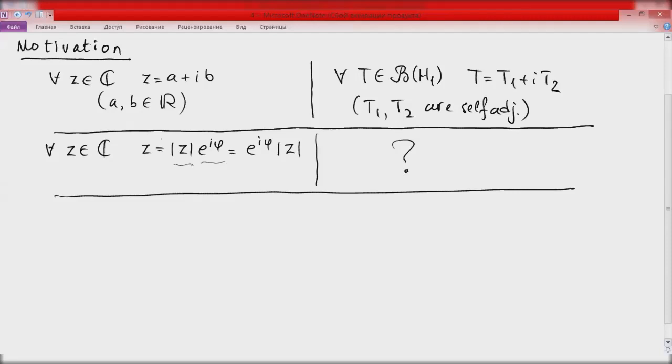As for the modulus of an operator, we essentially already know the answer. So we have the following definition. If T is a bounded linear operator between two Hilbert spaces H1 and H2, then we define the modulus of T to be the square root of T star T. So T star T is a positive operator on H1, so we can take the square root, and the result will be a positive operator on H1.